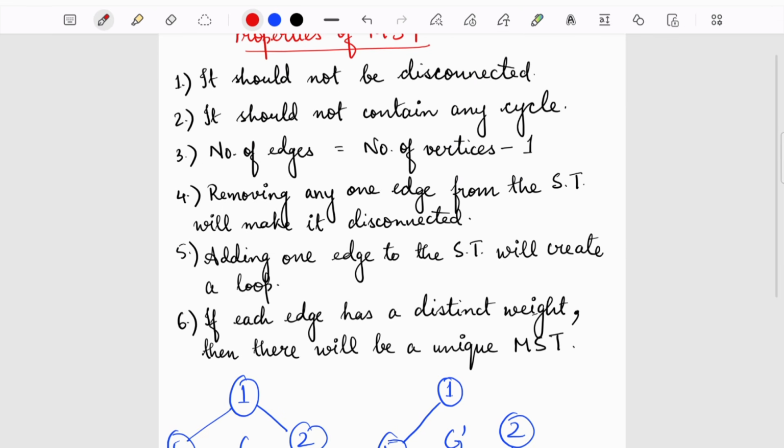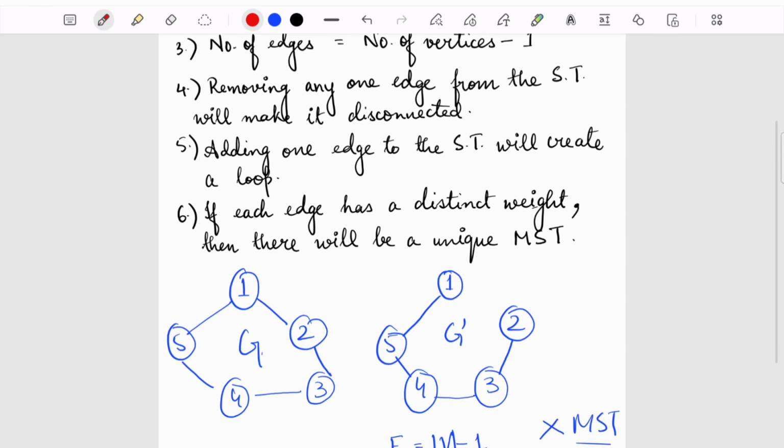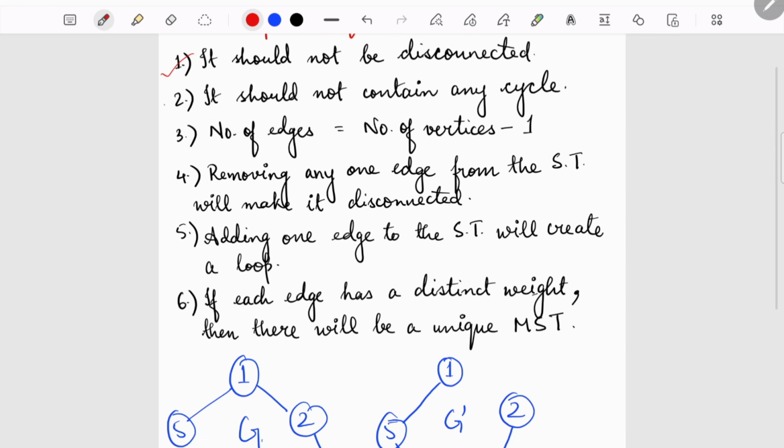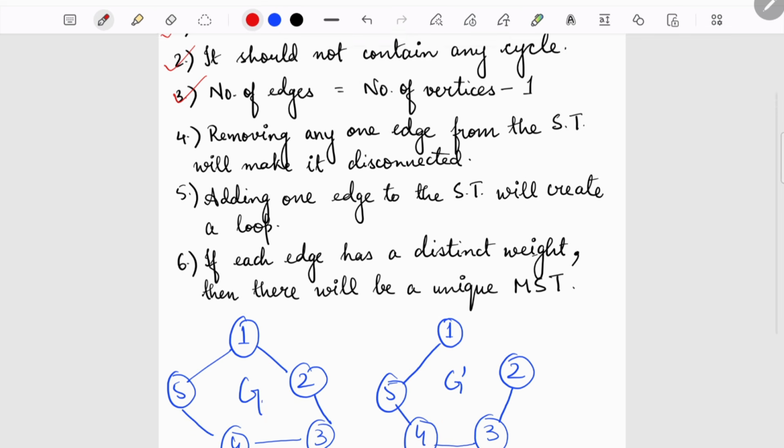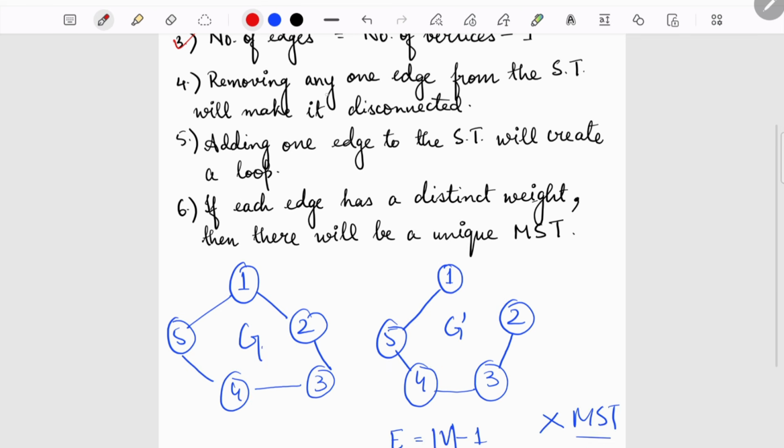The next property says that the number of edges equals the number of vertices minus 1. We have already talked about this property. So these three properties we have looked into. Now what does it say? That removing any one edge from the spanning tree will make it disconnected. This is my current spanning tree.